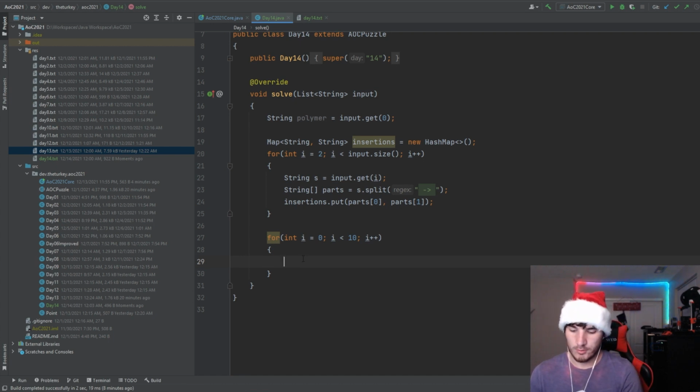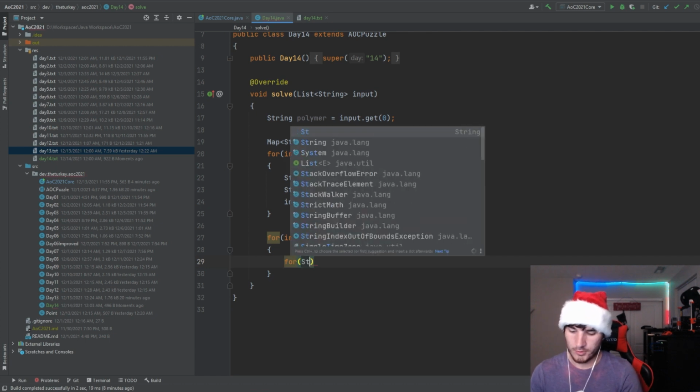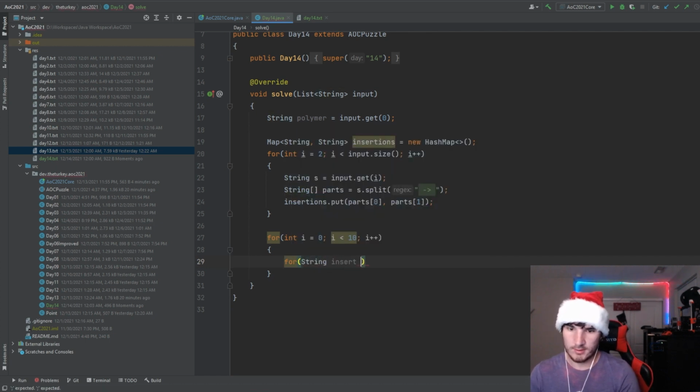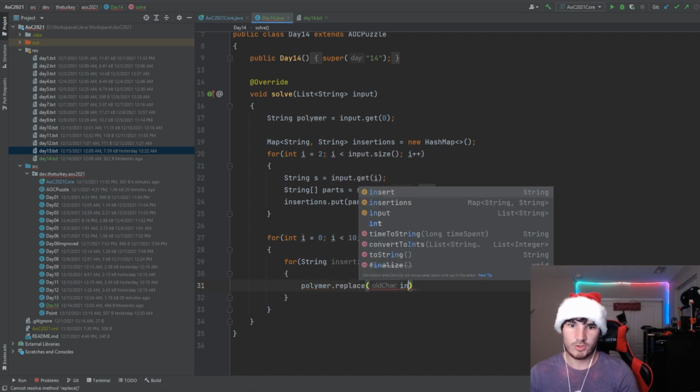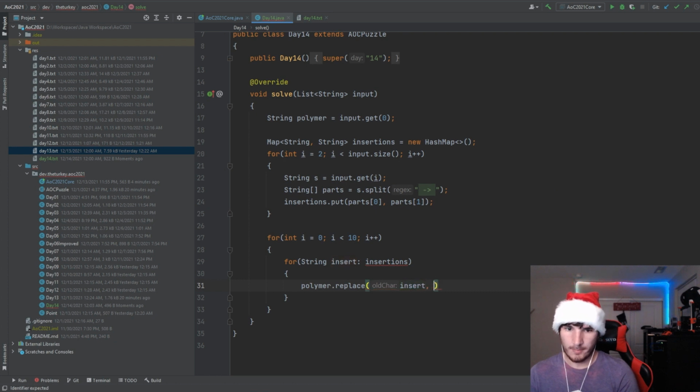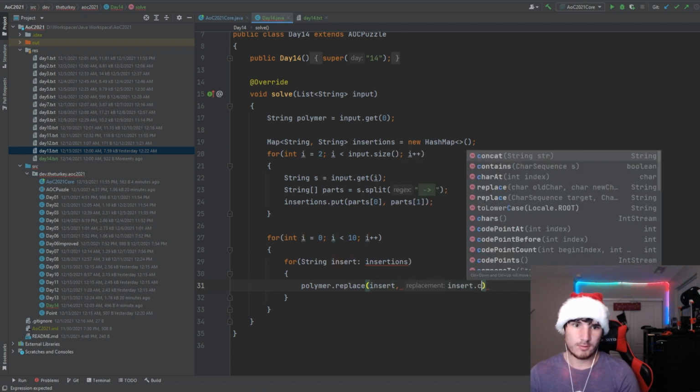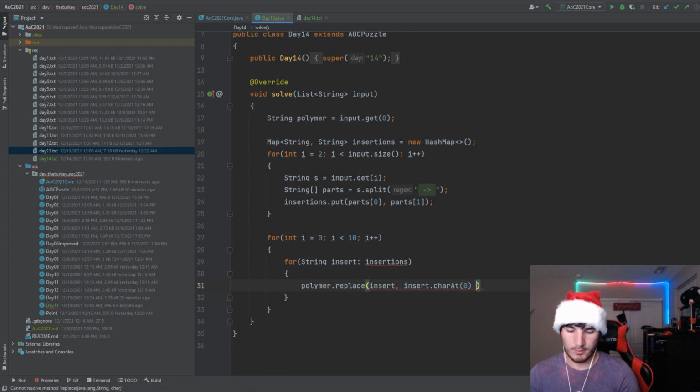So we're going to do for string insert in insertions, polymer replace all insert with insert char at 0 plus the, let's do a key set, by the way.